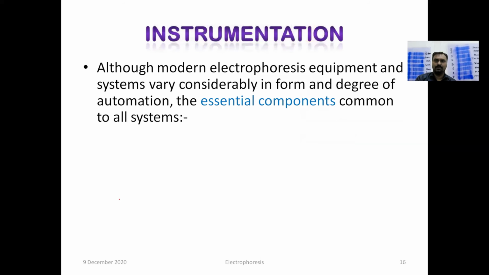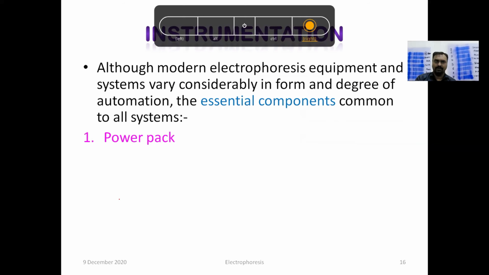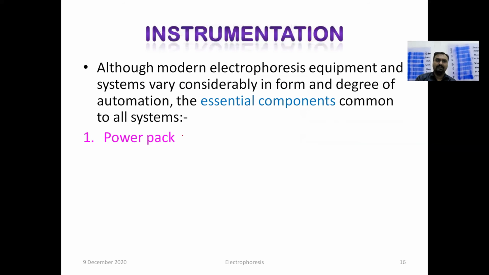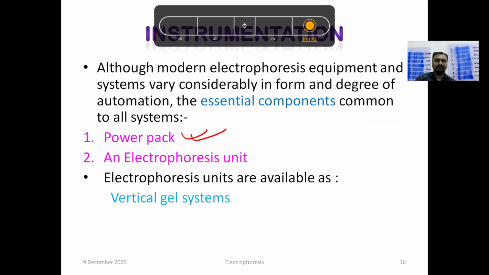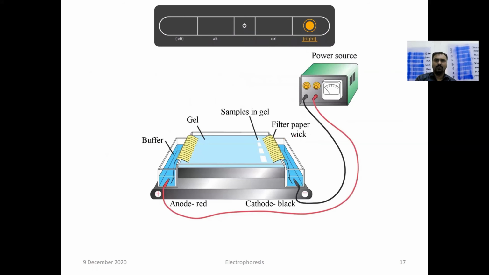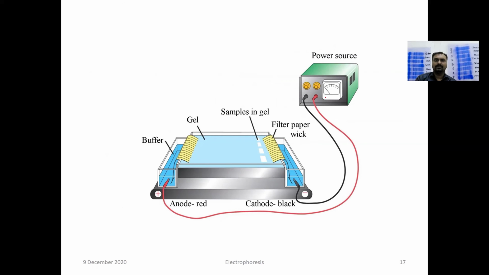Now coming to the various instrumentation, it contains different components. One is the power pack that will provide the electrical field, then the electrophoresis unit proper. These electrophoresis units are available as either vertical gel or horizontal gel systems. Okay, so this is a module of the electrophoresis apparatus, where this is the power source. Then we have this horizontal tank, and on two sides there is a reservoir for the buffer, and there is a wick, and this is the supporting medium.